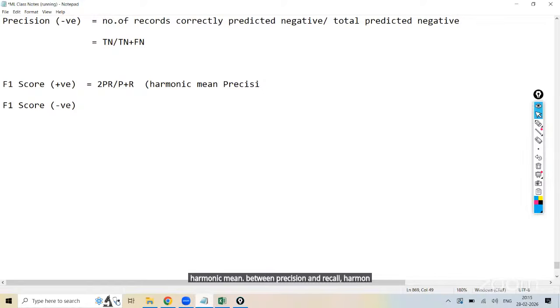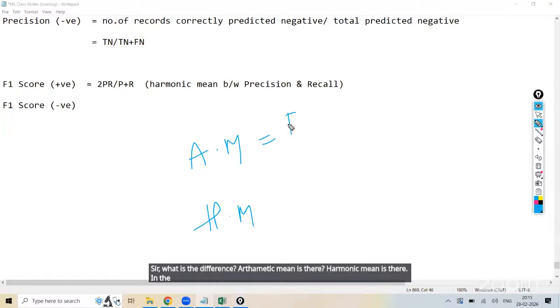Harmonic mean between precision and recall is called F1 score. Sir, what is the difference? Arithmetic mean is there. Harmonic mean is there. In the arithmetic mean, P plus R divided by 2.